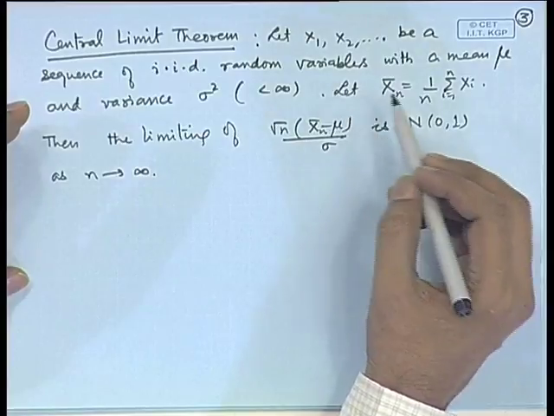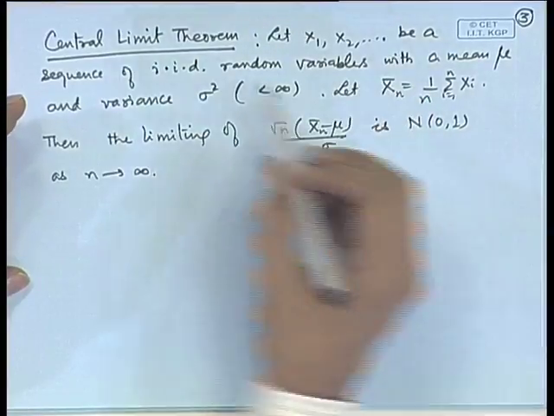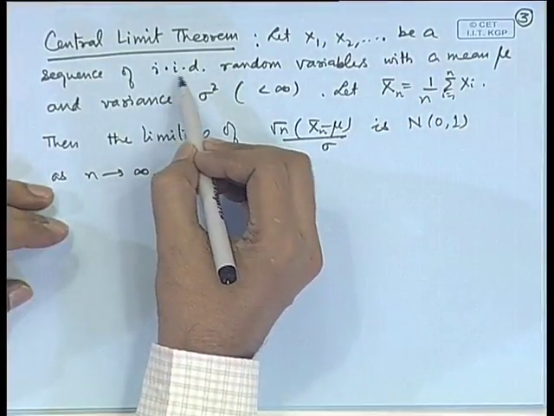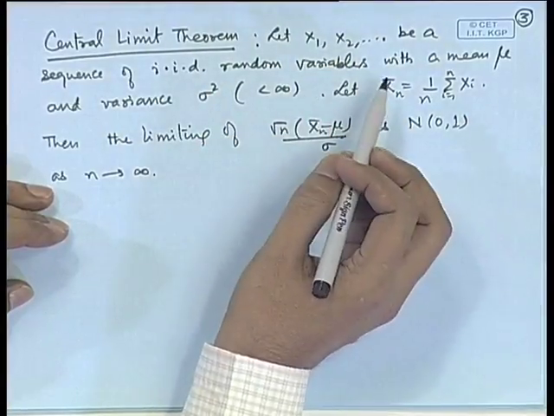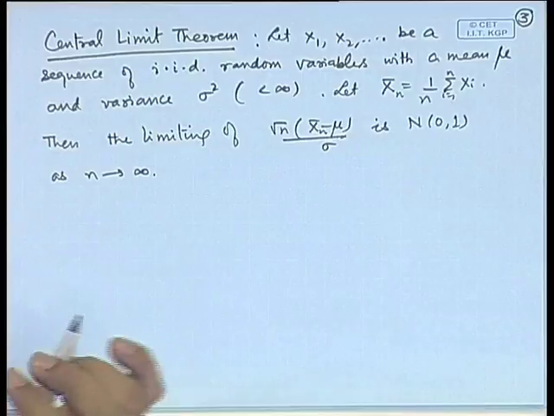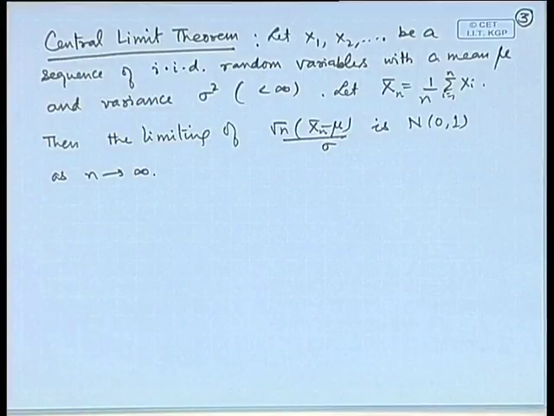Another thing that we should notice here is that we have assumed that the random variables x 1, x 2 etcetera are from the same population. In fact, this central limit theorem has been further generalized, that means we may lose the condition of identically distributed, or we may lose the condition of independence also, and even then under certain conditions the central limit theorem holds.